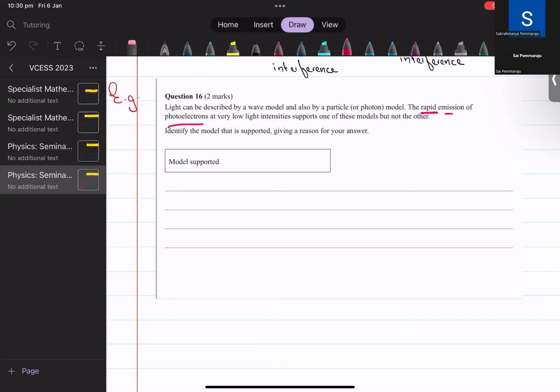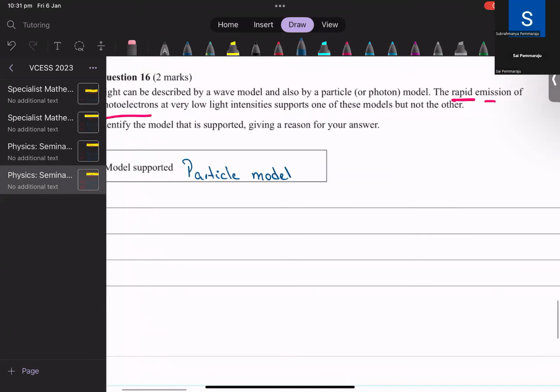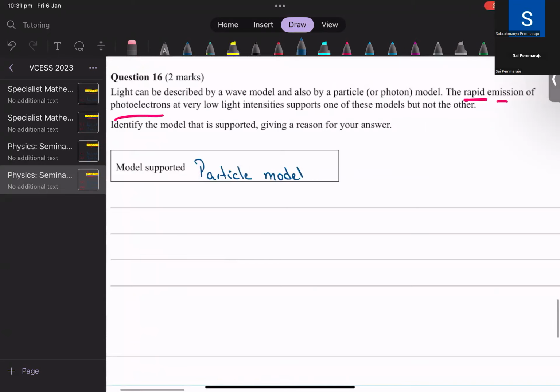So I'm assuming you've had a go at it. What model did people think that it supported? Well, it would be the photon model, the particle model. Why is that the case?